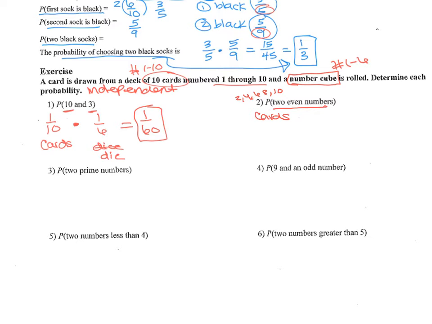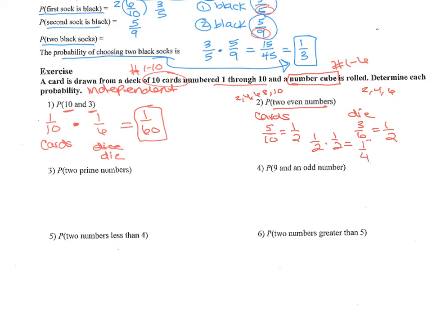So 5 out of 10, or 1 half. Then your die: if you've got 1 through 6, the even numbers on our die are 2, 4, 6. So 3 out of 6, or 1 half. Then last step, just multiply those 2 together.